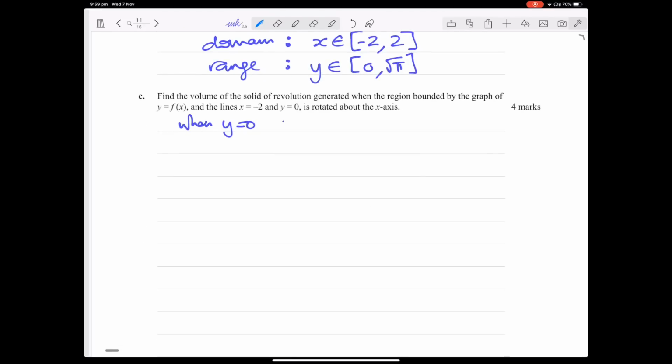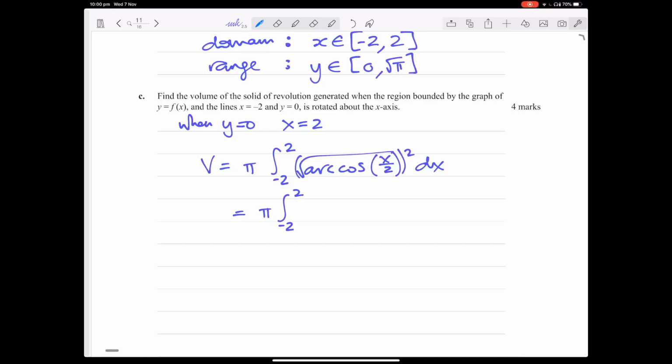It's going to go to x equals 2. So our volume is going to be pi from -2 to 2 of arc cos x on 2 square rooted and squared dx, which is pi -2 to 2 arc cos x on 2 dx.